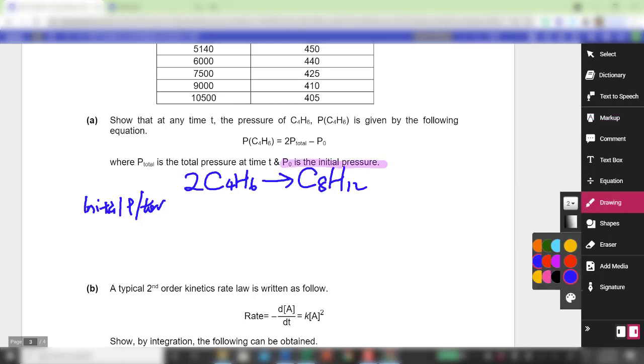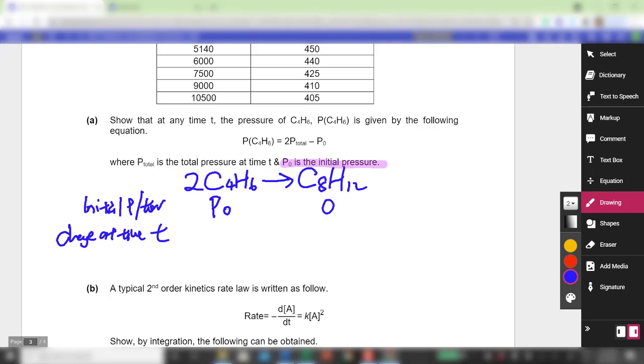So I can just call this P naught, and for C8H12 this is of course 0, because initially I do not have any C8H12. Then what about at any time t? What would the change be? So I can put the change at time t.